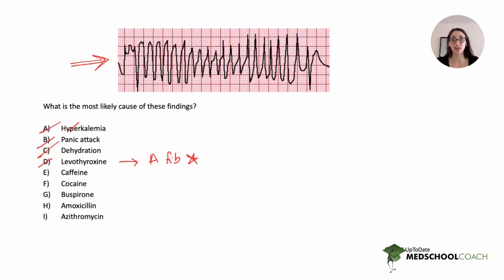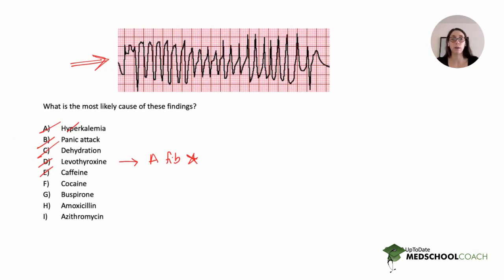Caffeine, again, a stimulant. Stimulants can cause tachycardia, but these stimulants are not known to cause torsade de pointes. So caffeine and cocaine as well, we're told that she uses recreational drugs occasionally. So that's always great to think when we're thinking palpitations and recreational drug use, to think of stimulants, methamphetamines, cocaine, etc. But in this case, even though we're not specifically told which substances she uses, we have another more likely explanation.